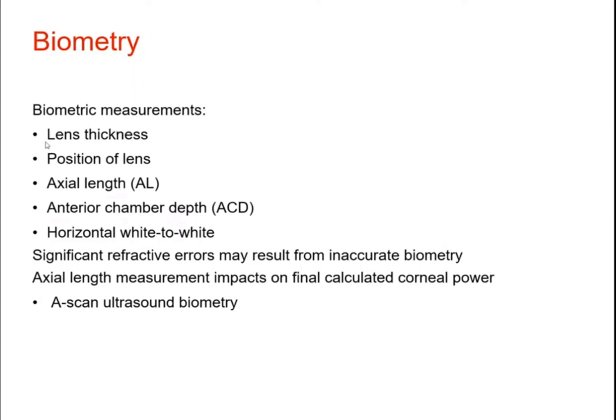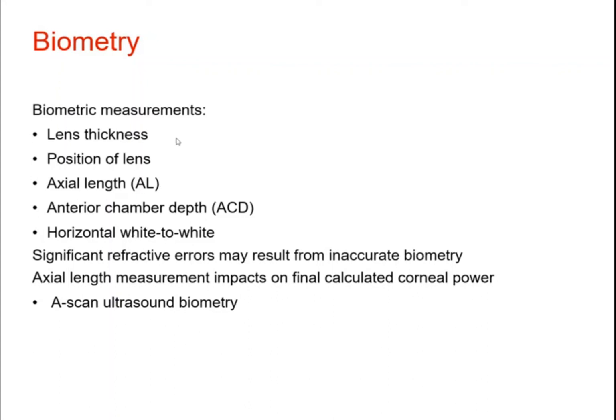So it can be lens thickness, it can be the axial length, it can be the anterior chamber depth, and even the horizontal white to white. For some instruments like the IOL Master provide the measurement of the horizontal white to white, which means the cornea diameter. So from one side of the limbus to the other side of the limbus, right, is the horizontal white to white.